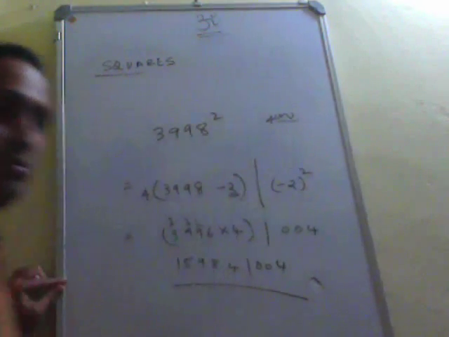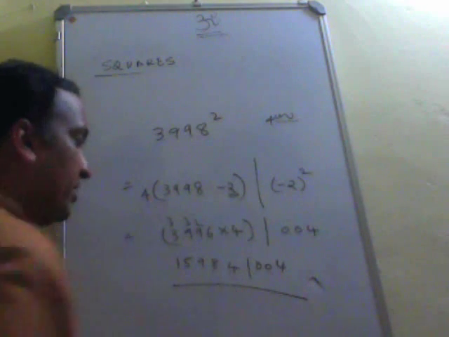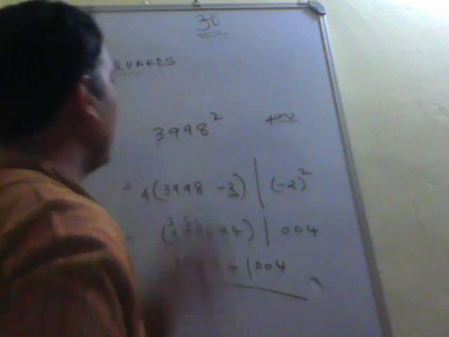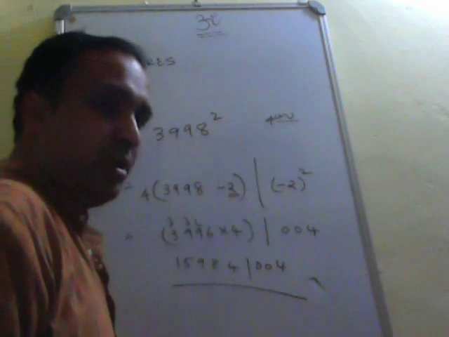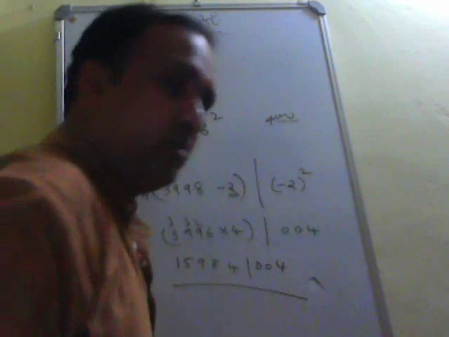Can you check 3998 square? 15,984,004 is the correct answer. Correct.